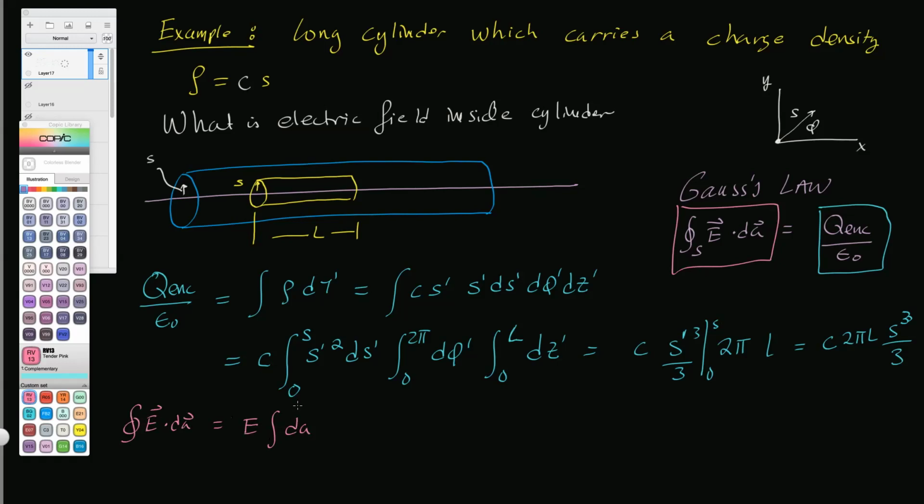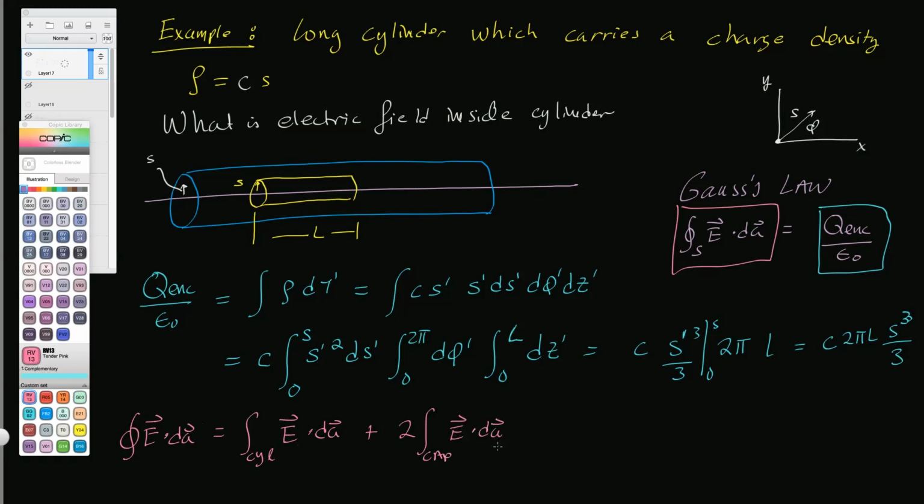This is a closed surface. It's not just the cylindrical surface, it's the caps as well. So the integral over the closed surface of E dot dA is going to be the integral over the cylindrical part of E dot dA plus 2 times an integral over one of the caps of E dot dA.